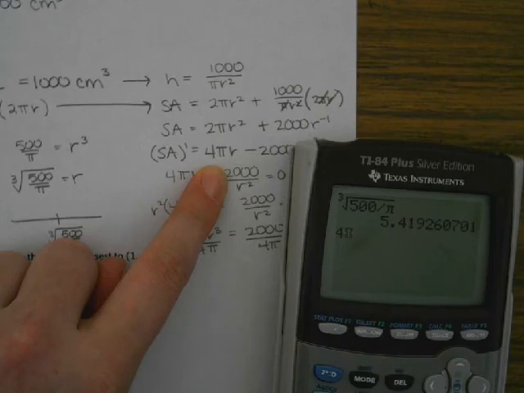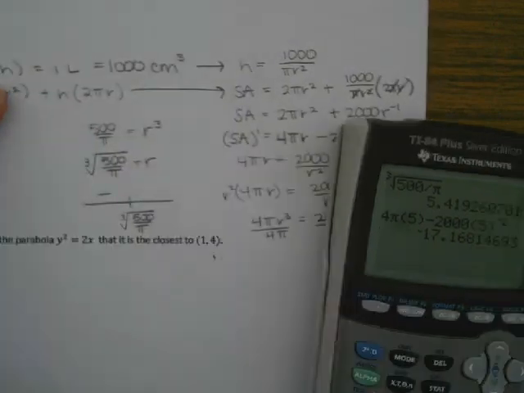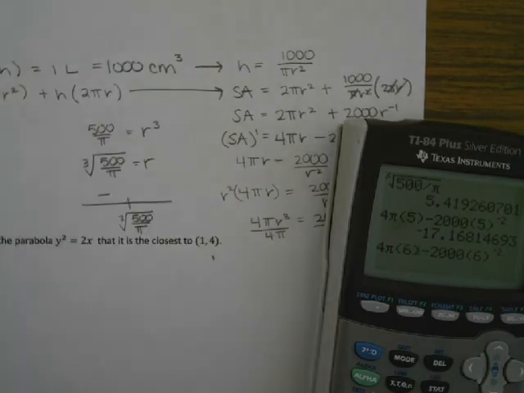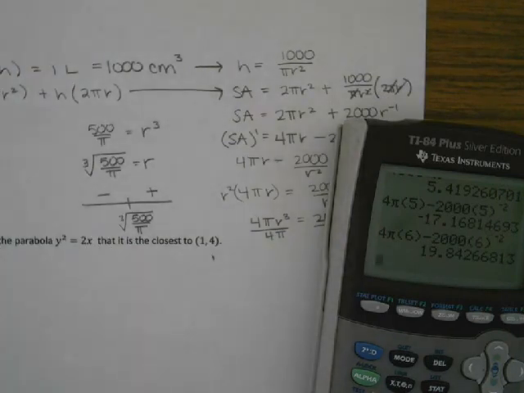So 4 pi times 5 minus 2,000 times 5 to the negative 2 power. That gives me a negative number. And then I'll do the same thing with a number that's bigger than 5.41. Gives me a positive number. So that our value, that truly was a minimum.